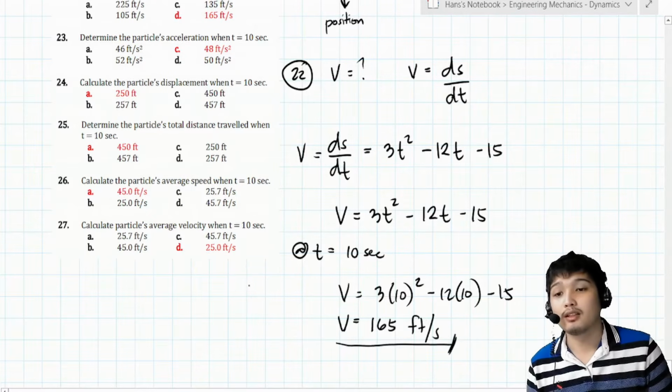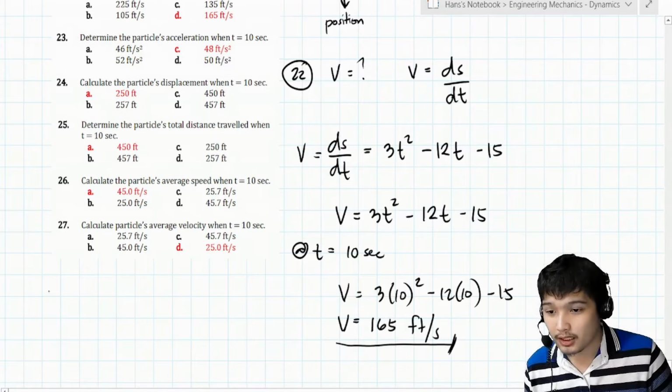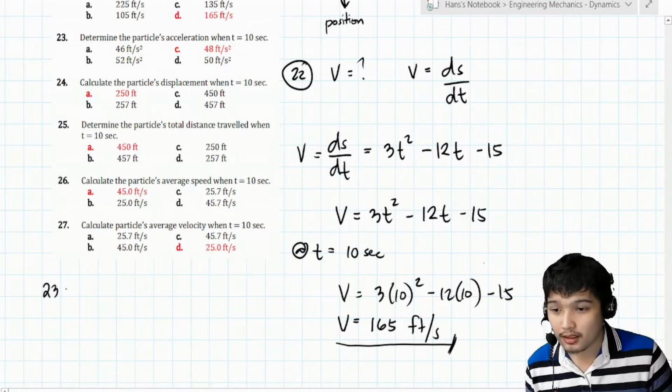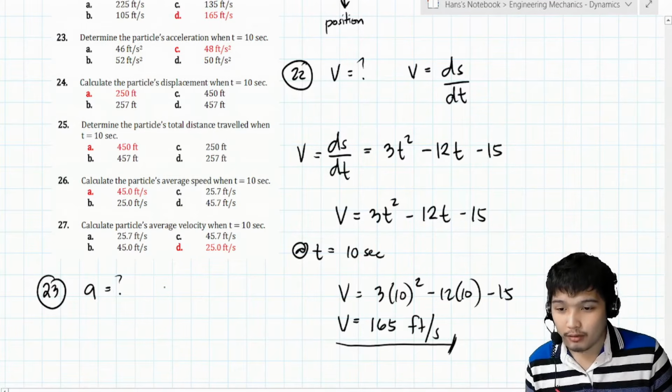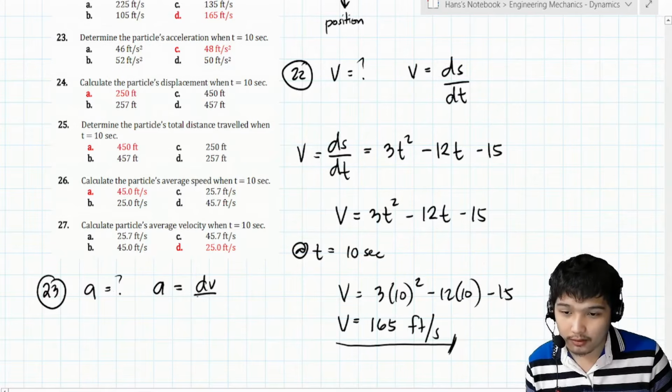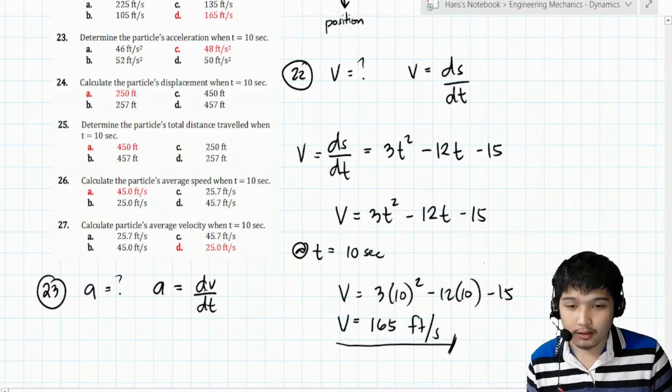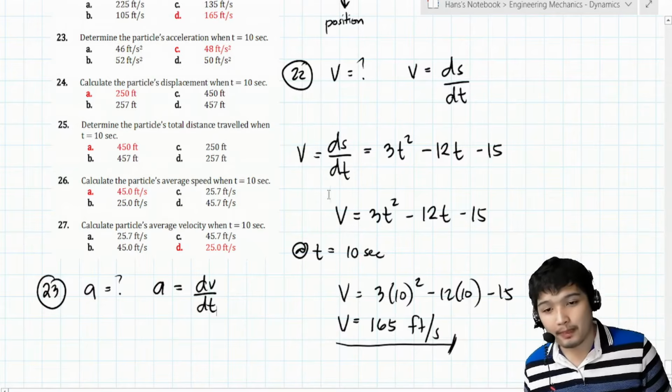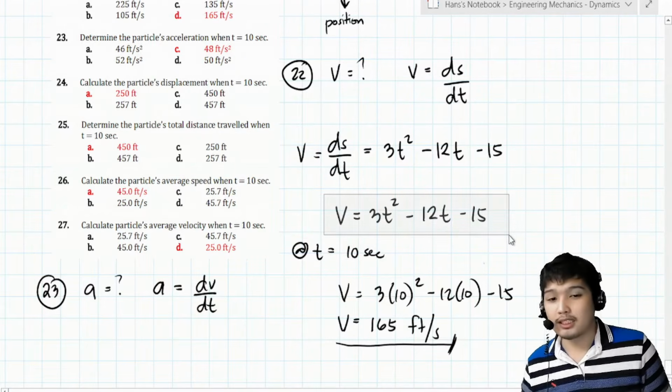Okay? So next, number 23. It is asking for the particle's acceleration. We know that the acceleration is dv over dt. We already have the velocity equation, we just have to take its derivative.